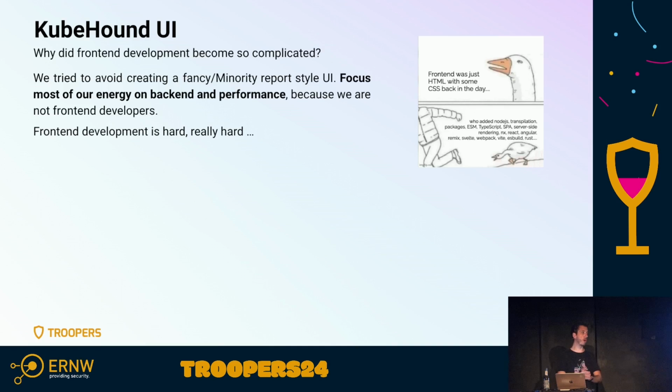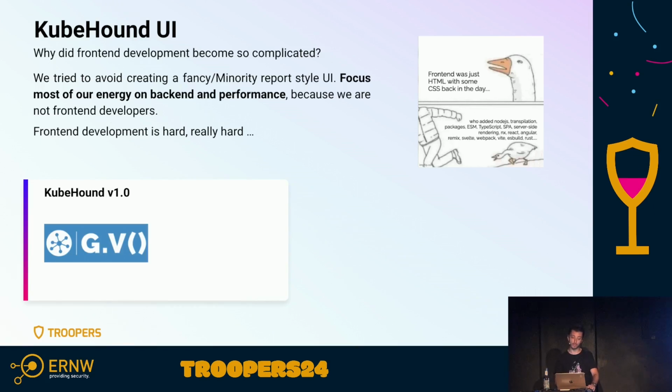So the UI, that's a complicated topic, because in our team we just prefer backend stuff, and it's really hard to do front end. So we focus more of our energy on the backend, and we just try to get an out-of-the-box UI.